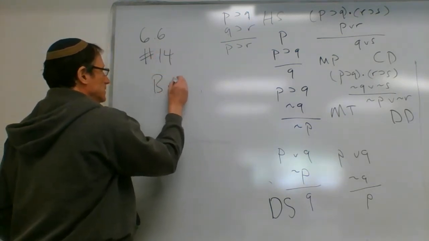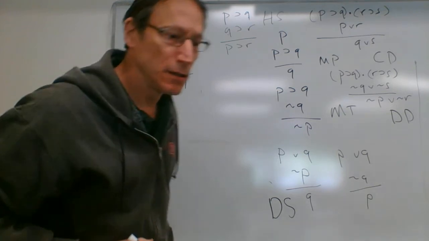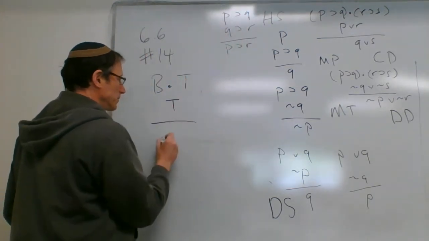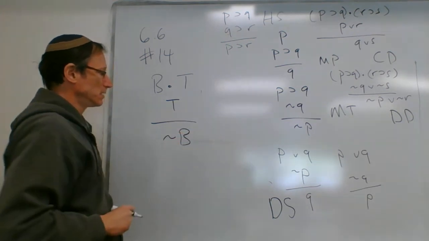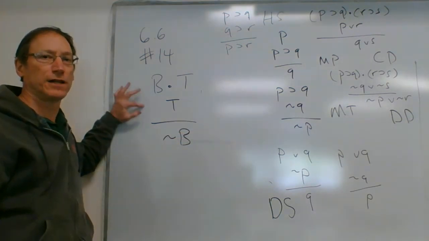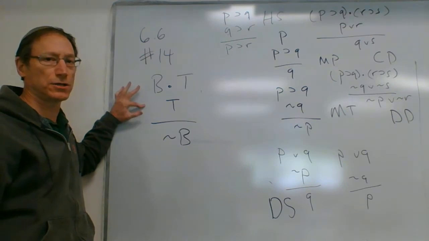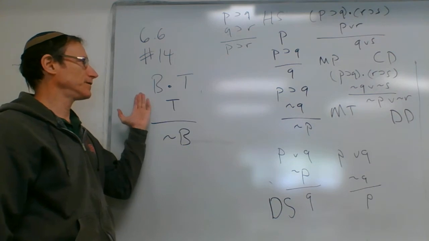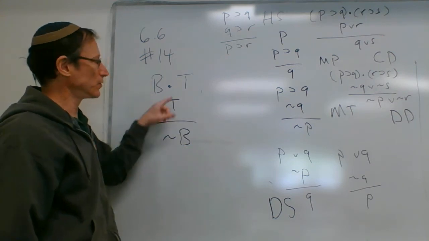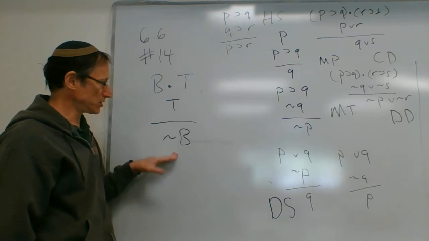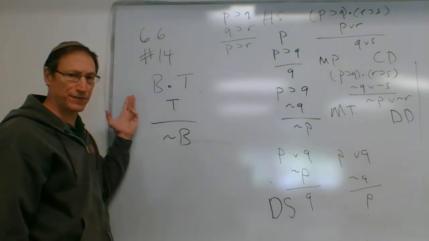B dot T, T, therefore not B. Okay, so we have a conjunction, and then we have the right-hand side of that conjunction, T, and we inferred the negation of the left-hand side.